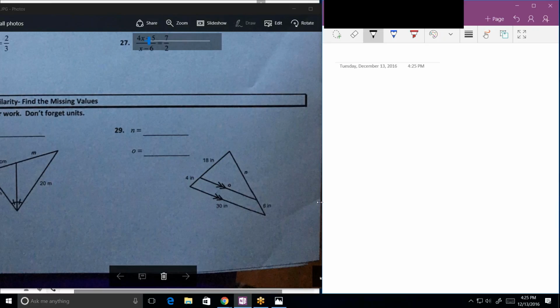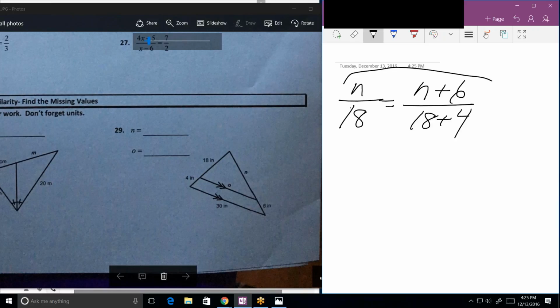But if we look at it as a similar triangle, then I would say n is to 18 as n plus 6 is to 18 plus 4. Do you see that? If I'm looking at the little triangle and the big triangle. Well, that's more complicated. Right, it is. Absolutely.